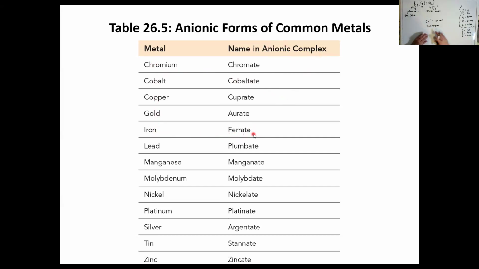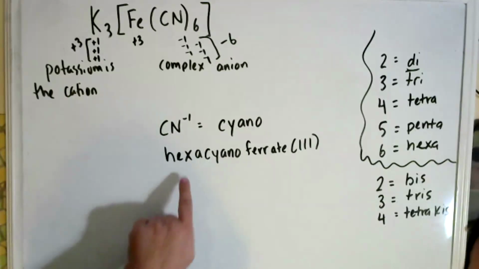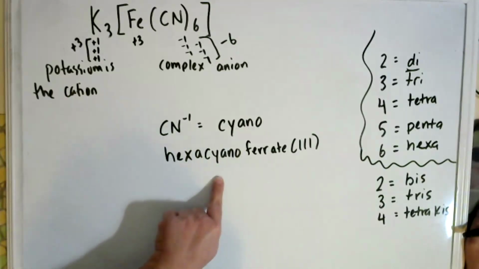So now instead of saying that we have hexacyano iron 3, we're going to say we have hexacyano ferrate 3. And this is the name of our complex anion.